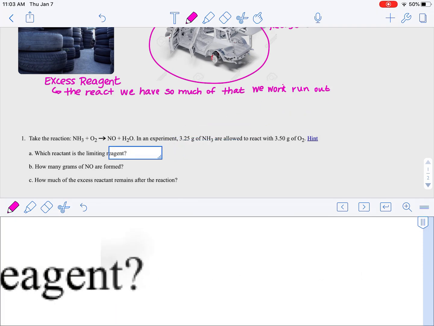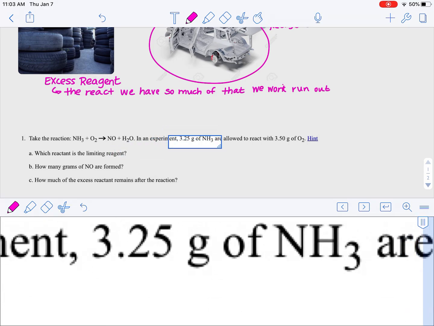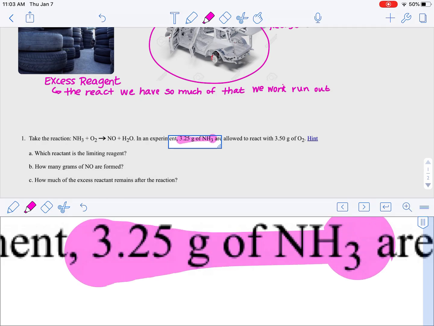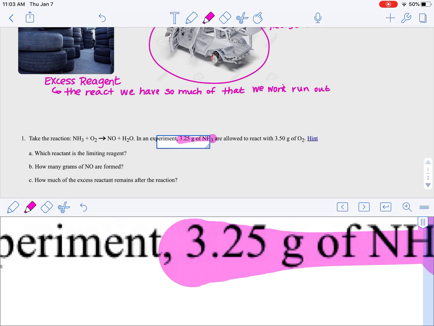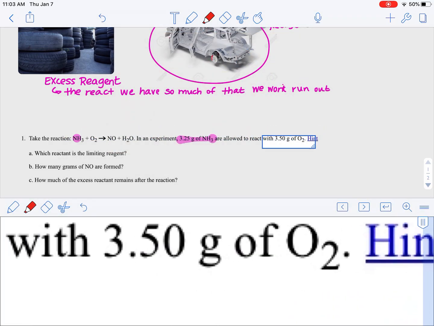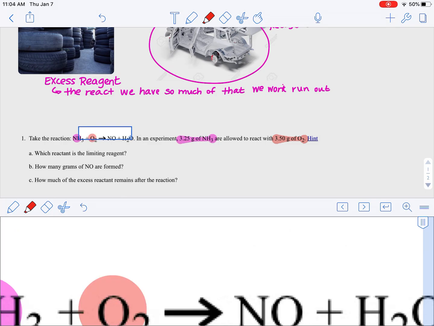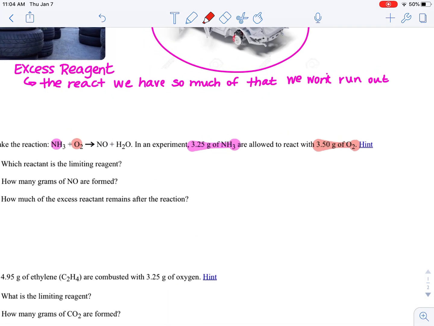Well, let's tackle this first part. Which reactant is the limiting reagent? Despite the fact that the question prompt asks us specifically for the limiting reagent, I would like to take a minute to explain to you how you were able to recognize that this is a limiting reagent problem. As you go back to the data that you're given in the problem, 3.25 grams of nitrogen trihydride, which is one of the reactants, and 3.50 grams of oxygen, which is the other reactant.